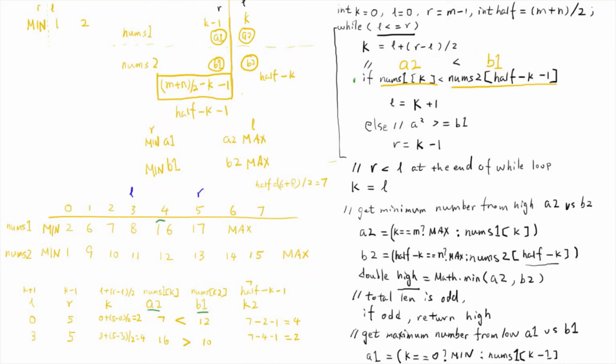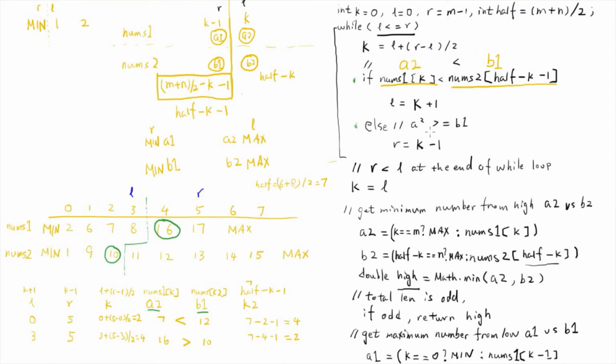Now we have A2 here and B1 here. Then we make a cut on the left side of A2 and on the right side of B1. When we compare A2 and B1, 16 is greater than 10, so it's the else case.